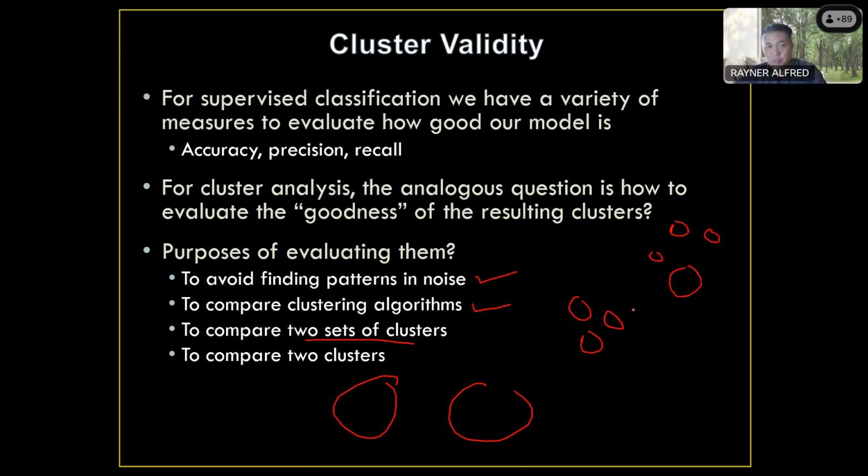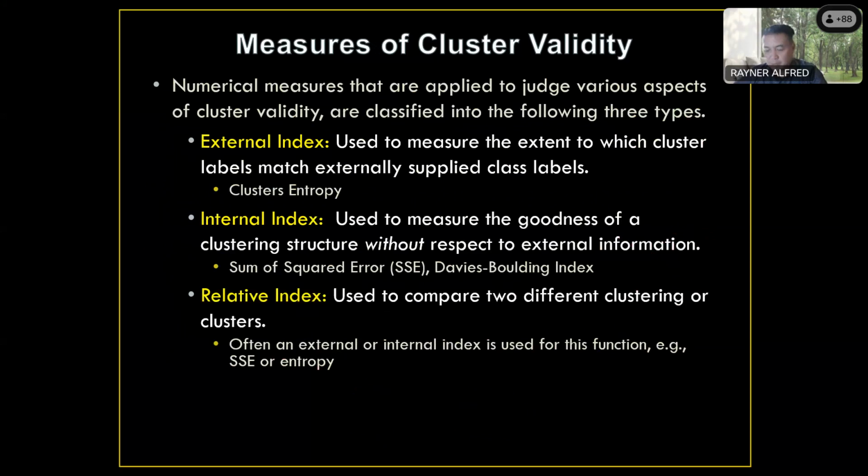Okay. So for cluster validity, we have three types. For the external index, we use the cluster entropy. Cluster entropy looks at the class level, or the type of data that we have in that cluster.